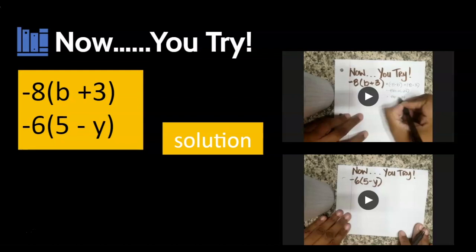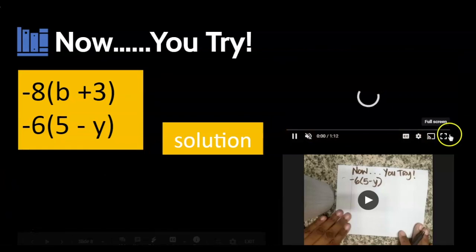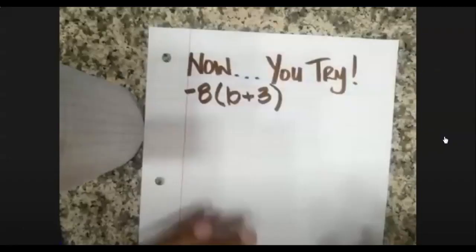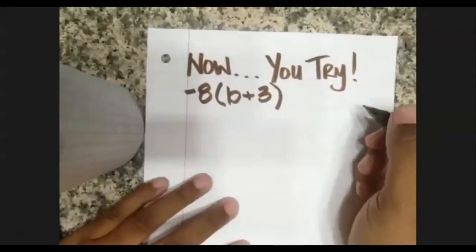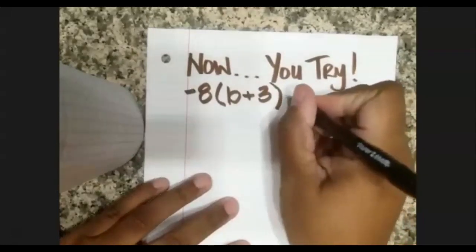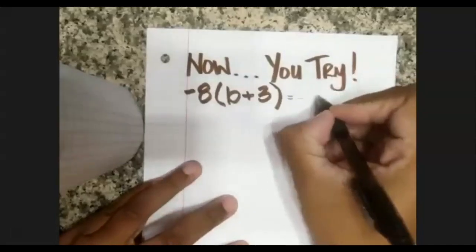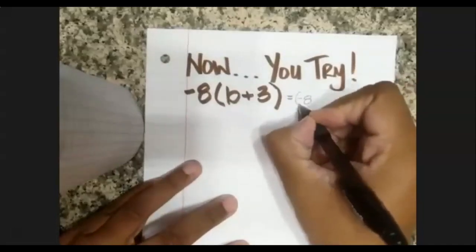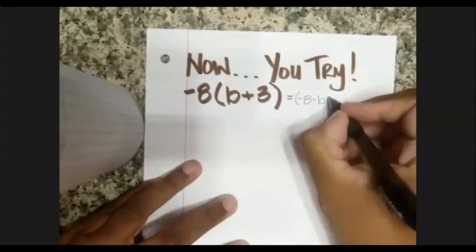Okay, let's look at the solution to the first expression, -8 times b plus 3. Remember, the key here is to remember that when you use the distributive property, you are multiplying, and to always hold on to that operation that's inside the parentheses.